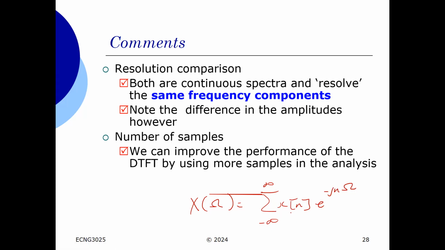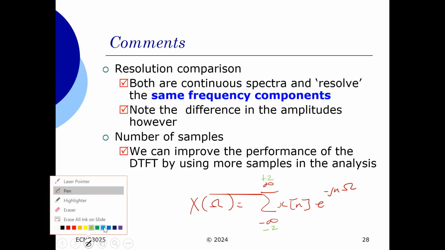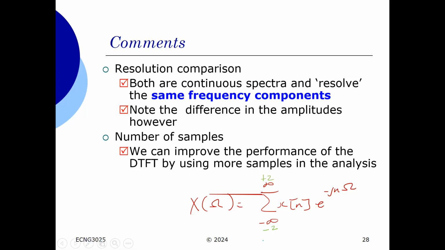So the bigger, when I had the original 5 samples, n went from -2 to +2. If I took 9 samples, it went from -4 to +4. So if I keep increasing this, it's going to go from some minus number to some other one. And all of this, I have to do manually.